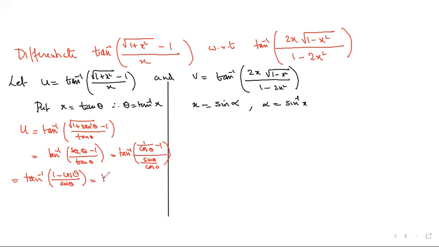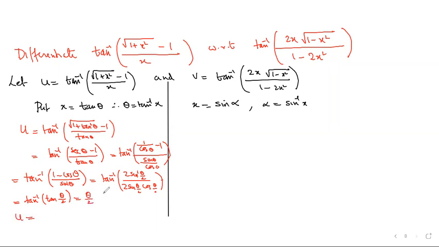That became tan inverse of 2 sin square theta by 2 upon 2 sin theta by 2 cos theta by 2. That became tan inverse of tan theta by 2. So that is theta by 2.